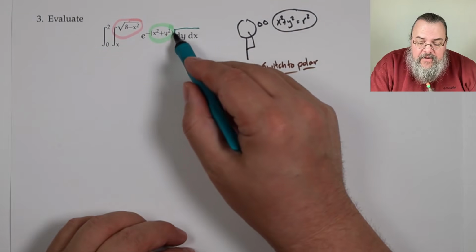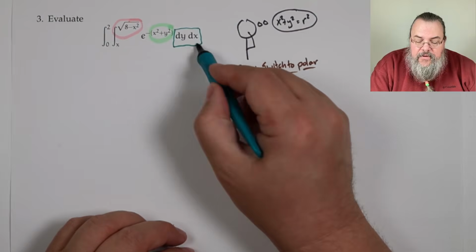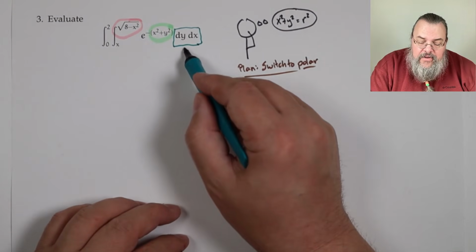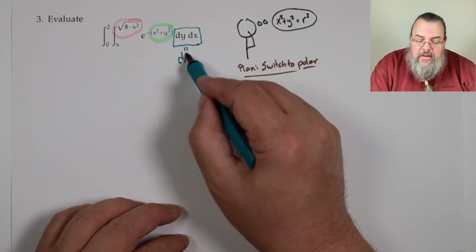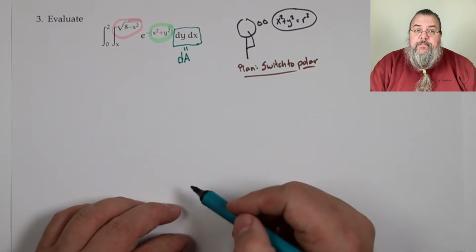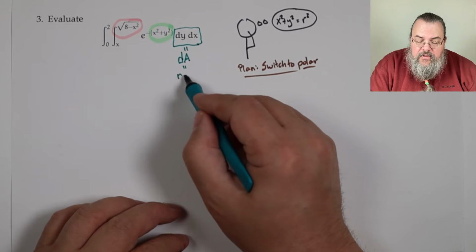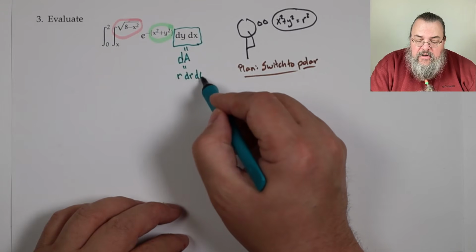Let's start with this part because this is low-hanging fruit. When we talk about dy dx, this is doing a nice job for us. This is our little bit of area that we've chopped things up into. And in polar, this will introduce an r dr d theta.